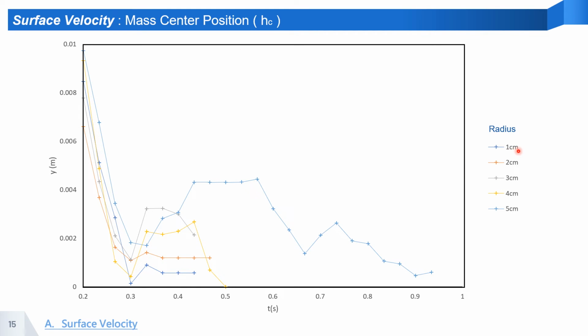So from 1 cm to 5 cm, you can see that the 5 cm had 2 rebound spots, and 1 cm only had 1, and 3 and 4 had one rebound track.